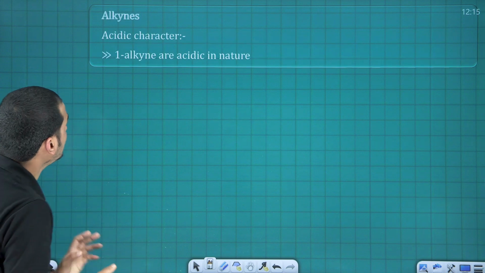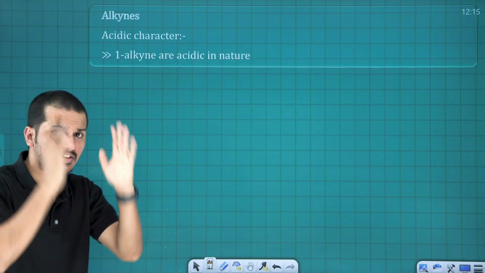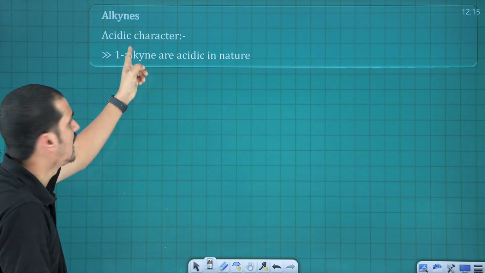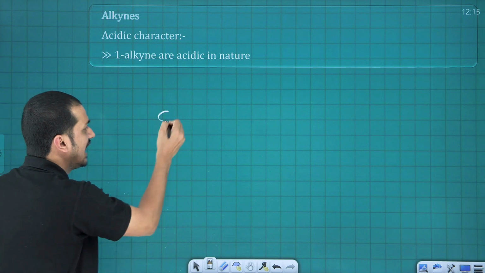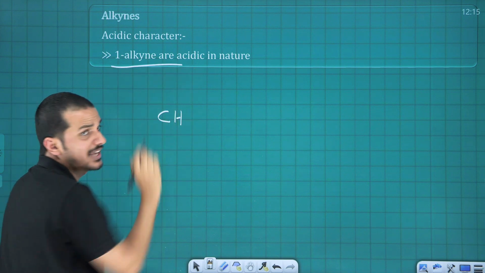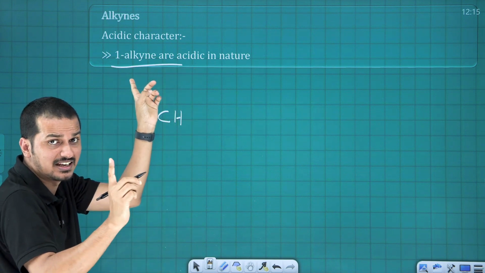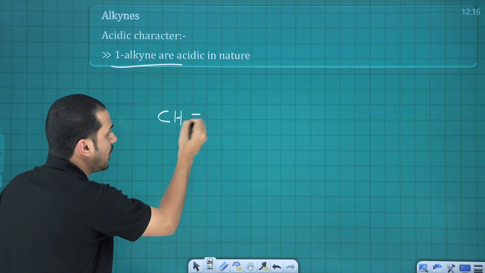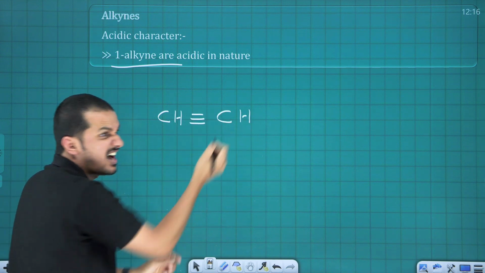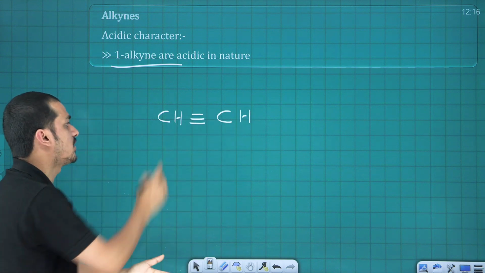Next, alkynes. In the case of alkynes, mainly one thing you have to remember: alkynes have acidic character, especially a terminal alkyne, where the triple bond is on the first carbon. They are highly acidic because that carbon is sp hybridized and connected with hydrogen.